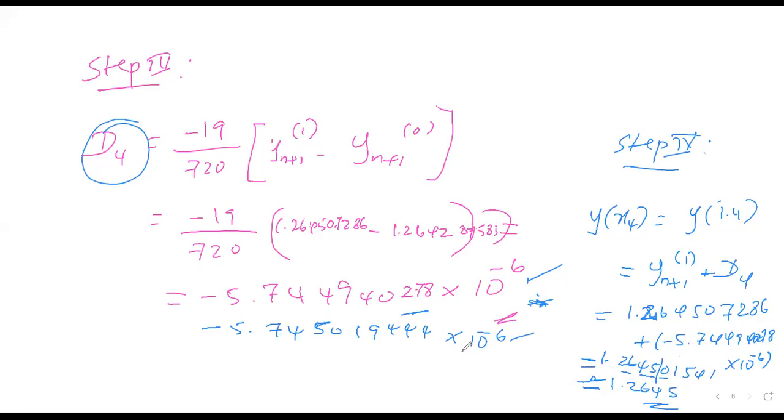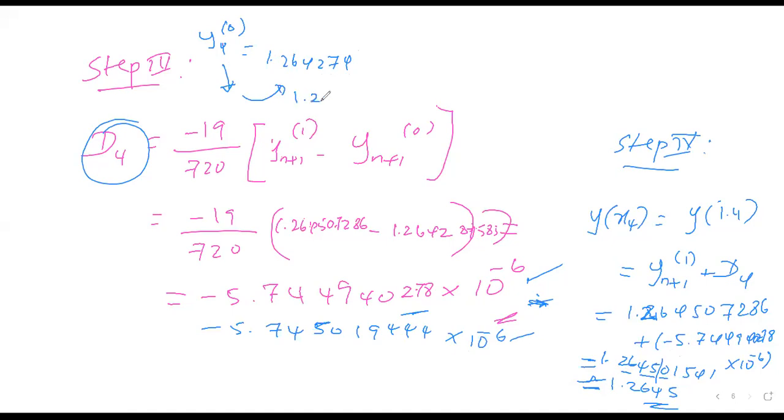So actually our y04 is the one we have predicted. The predicted value, y0, has been given as 1.264274. But we have improved that one by doing the corrected value and some steps.